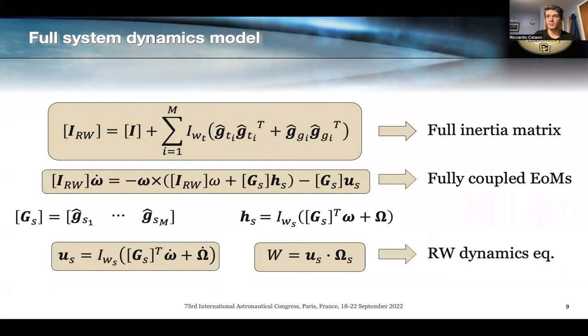The equation that expresses such control torque for the wheels is provided in the last equation, and also this equation for us, if multiplied by the wheel speeds, allows to compute the power that is instantaneously required to actuate the wheels.